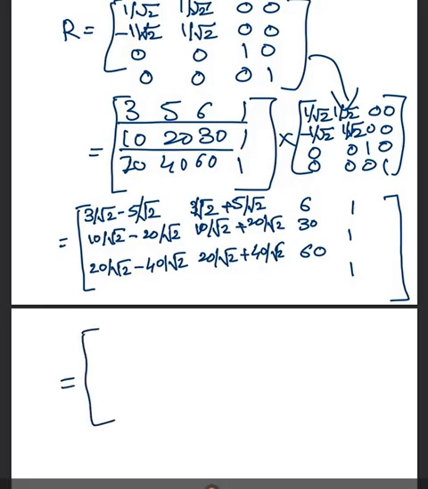Now you are supposed to solve this. 3 by root 2 minus 5 by root 2 कैसे होगा? It will be minus 2 by root 2. It will be 3 minus 5.